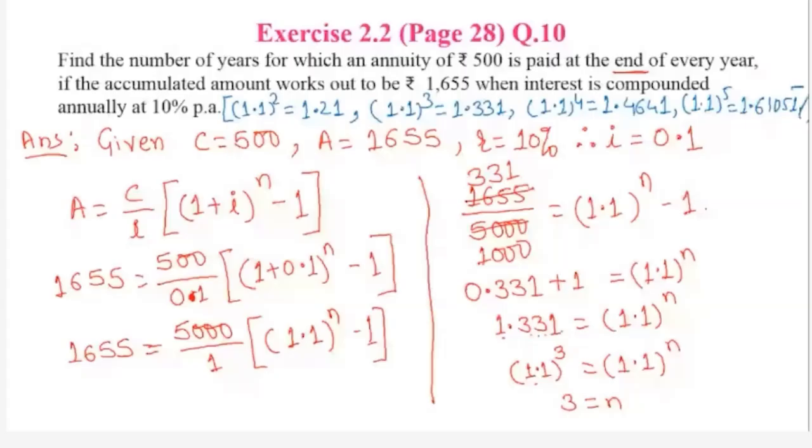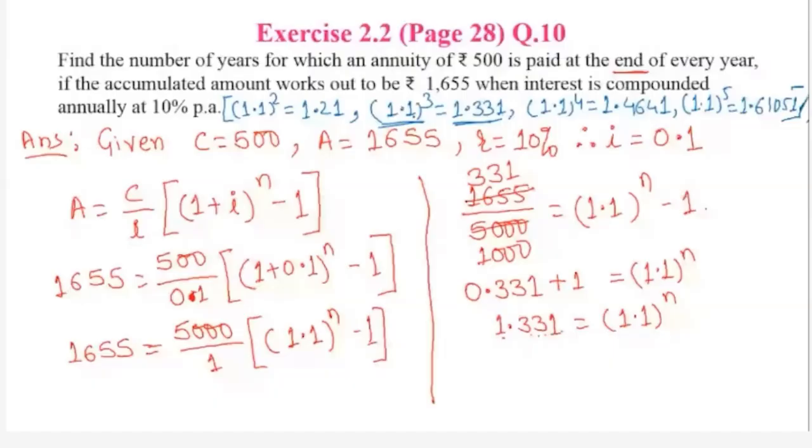So this will be provided to you in the question. They will provide you this. Now once you reach this step, you'll have to check where 1.331 is. 1.331 is here, which is equal to 1.1 raised to 3.